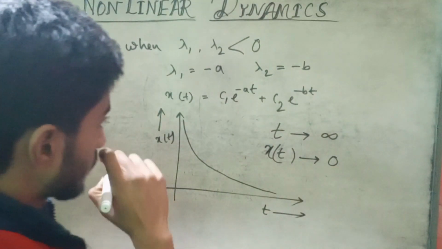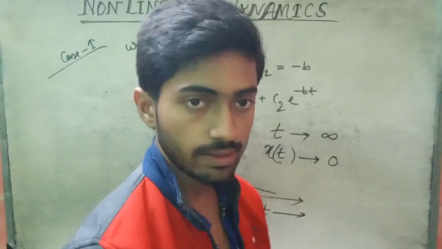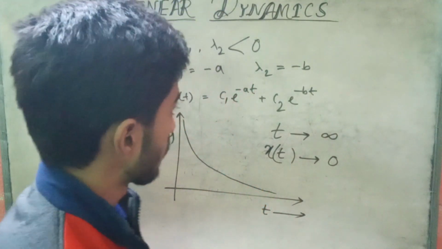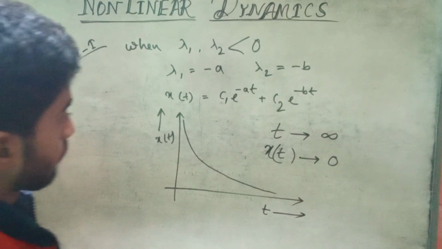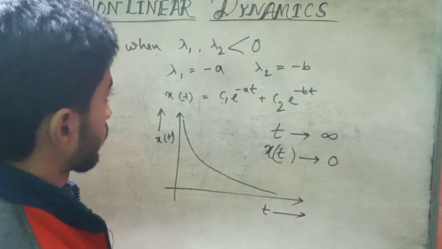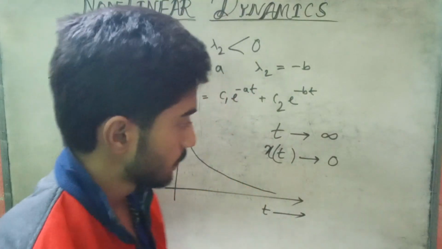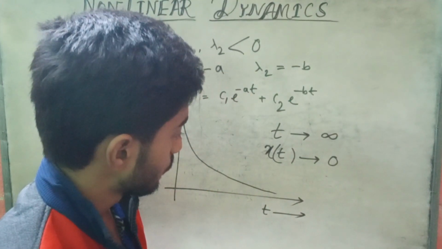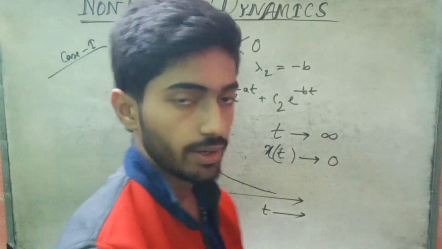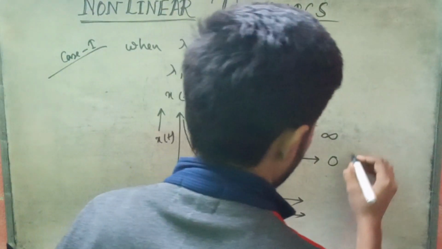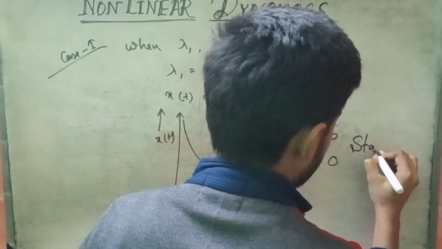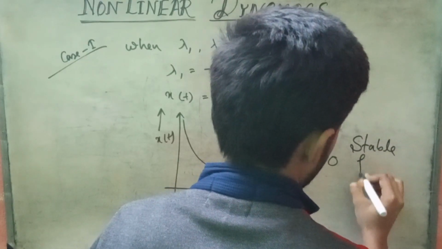So we can say that the fixed point where lambda 1 and lambda 2 both are negative is a stable fixed point. This is a stable fixed point.